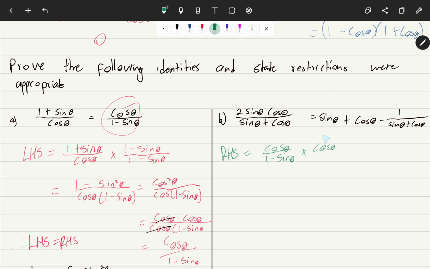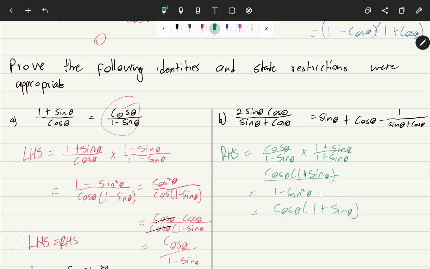So I have cos θ times (1 plus sin θ), and I have 1 minus sin²θ.